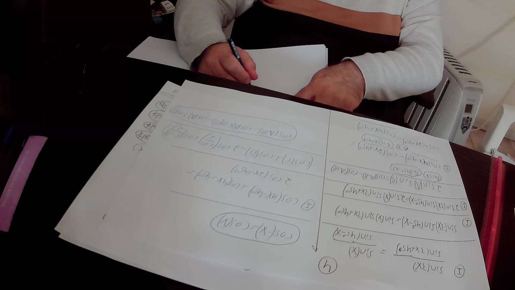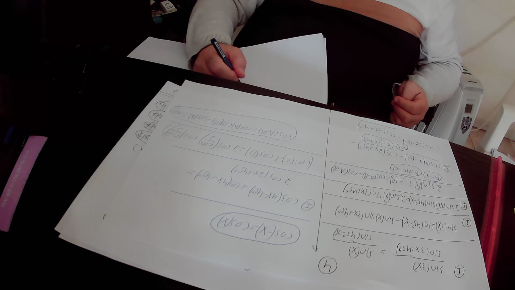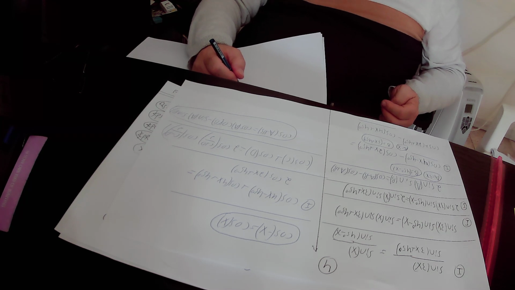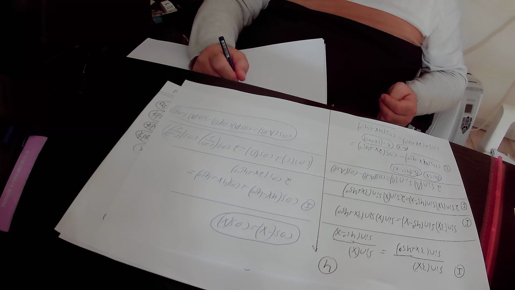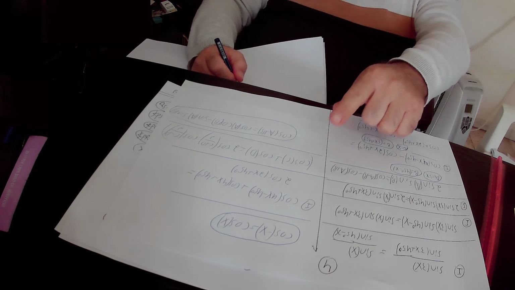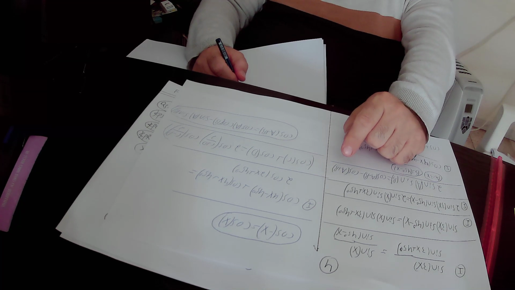So we got here cosine minus 45 degrees, but because of the fact that cosine minus x equals cosine x, we can write down that cosine minus 45 degrees equals cosine 45 degrees. So we finished with this side of equation number 1.